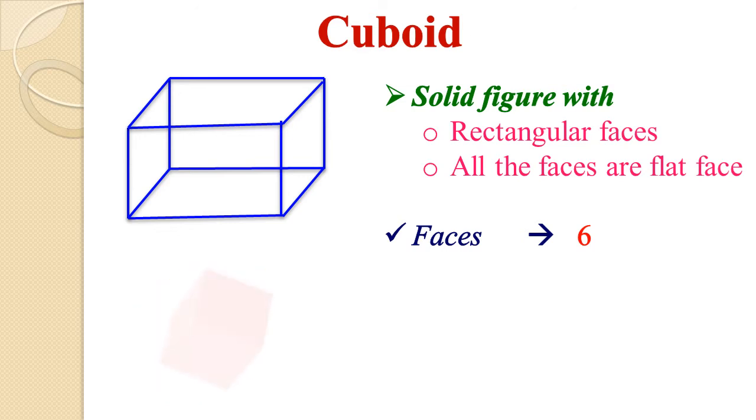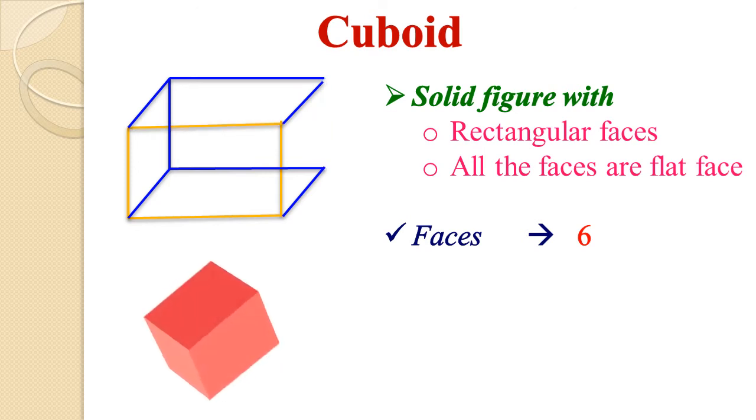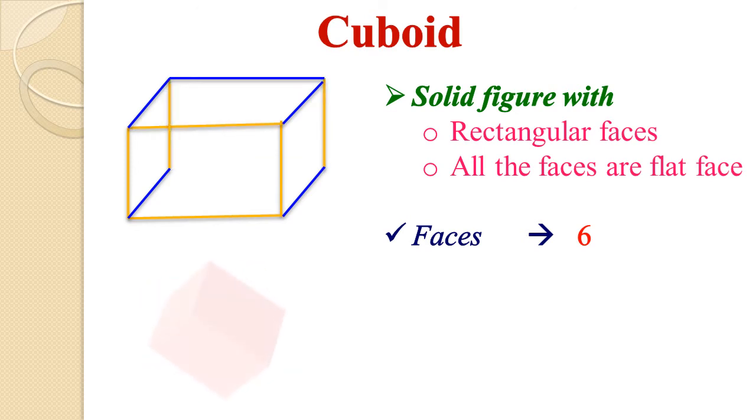So let us count the edges. We already know two adjacent faces of a cuboid meet in a line segment called an edge. So the cuboid has 1, 2, 3, 4, 5, 6, 7, 8, 9, 10, 11 and 12.